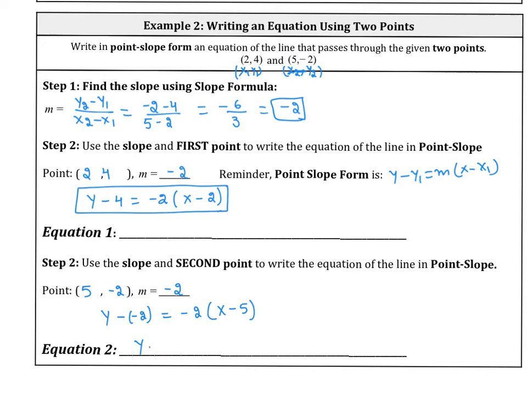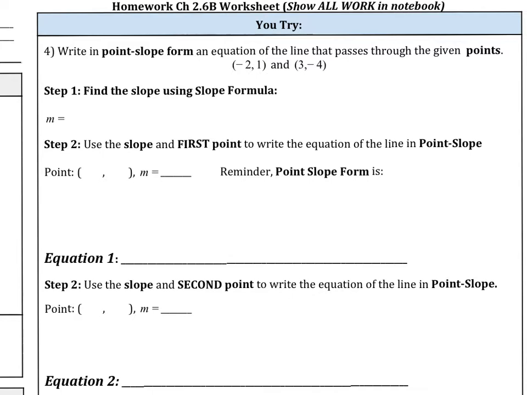So it's going to be y plus 2 equals -2 times x minus 5. This is my equation number 2 when I use the second point x2, y2, and this is my equation number 1 where I'm using the point 2, 4. Remember, in future when we are making this equation, you can choose either one of the points to make a line. I'm going to pause the video, and try the problems number 4 and 5 yourself.